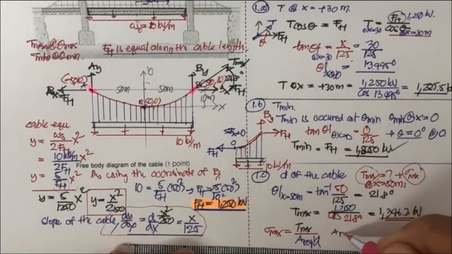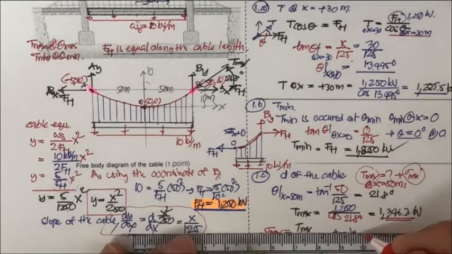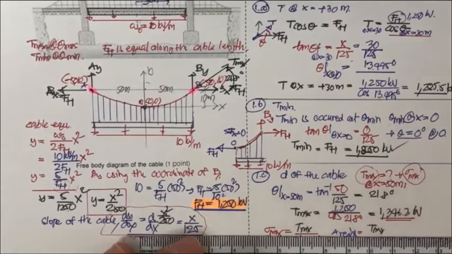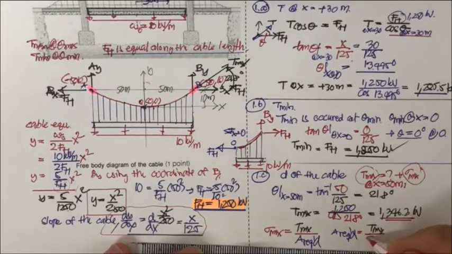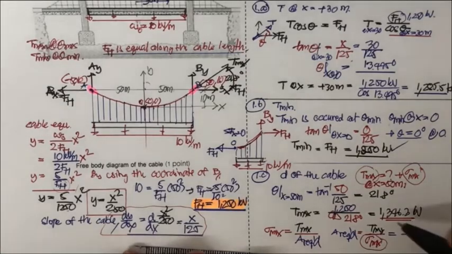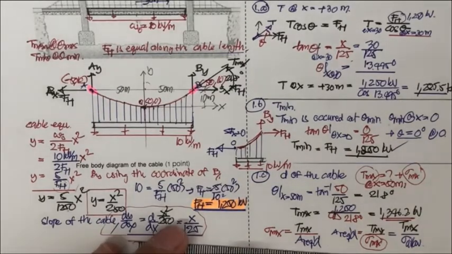And then A required is going to equal T max divided by sigma max. And sigma max can be as high as only sigma allowable. So this changes to T max divided by sigma allowable. And we also have sigma allowable, right? Yes, it is 100 megapascal.